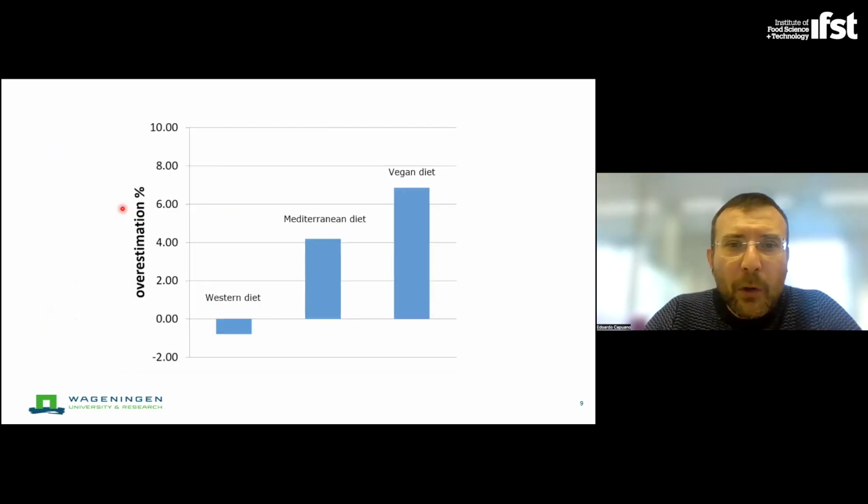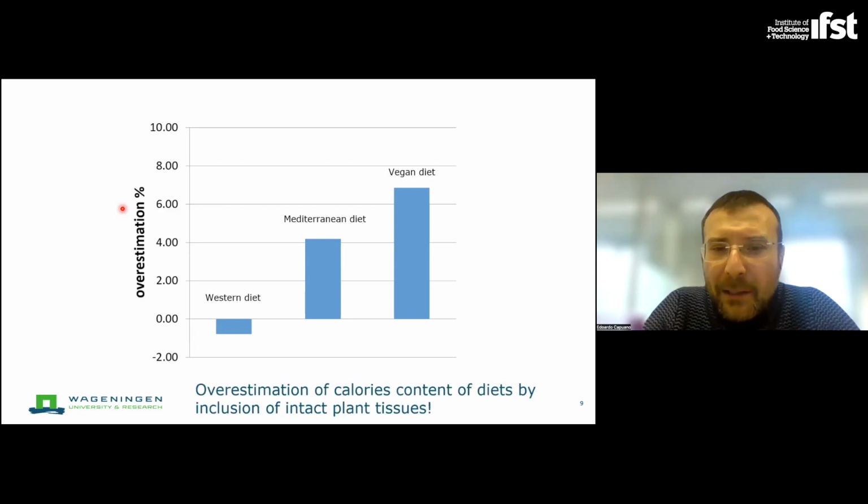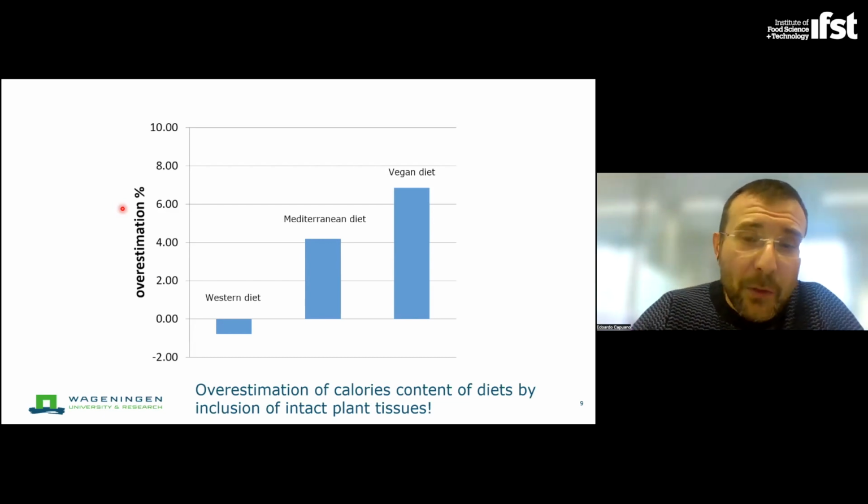And what we found was that when you include intact plant tissues in a diet, you always have an overestimation. And this overestimation is proportional to the amount of intact plant tissues that you included in the diet, meaning that the actual caloric content of these diets is always lower than what is theoretically calculated.